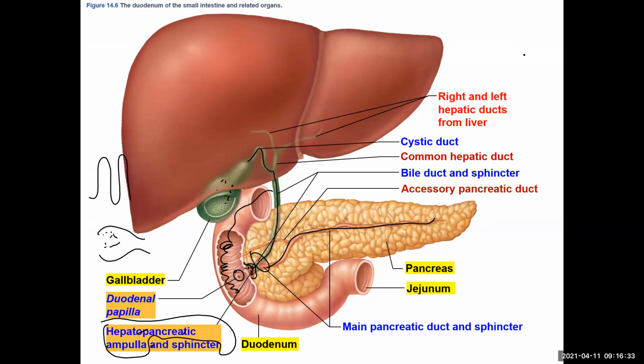Sphincters are muscles which contract and relax. So when there's no food, the muscles are contracted, not allowing anything to go into the ampulla. But when the food is here, the duodenal cells produce CCK and secretin, the hormones which cause these muscles to relax. The papilla relaxes, and juice can come out.